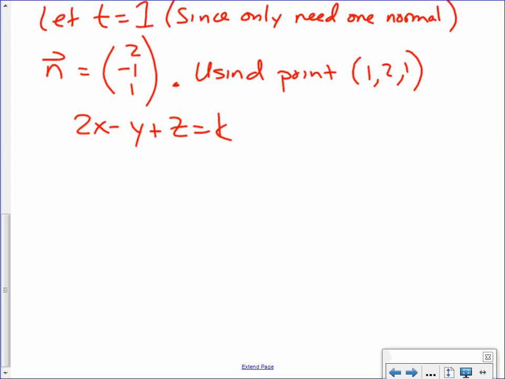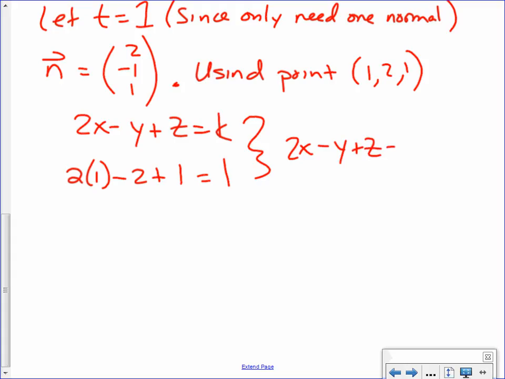Plugging in the x, y, and z values, it goes 2 times 1 minus 2 plus 1 is equal to 1, which gives us the equation 2x minus y plus z is equal to 1.